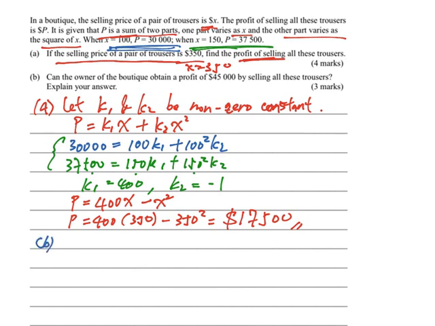Next, part B. Can the owner of the boutique obtain the profit of 45,000? That means we put P equal to this value into this equation to check if it is possible. So 45,000 equals 400x minus x squared. This is a quadratic equation, so we put everything to one side.